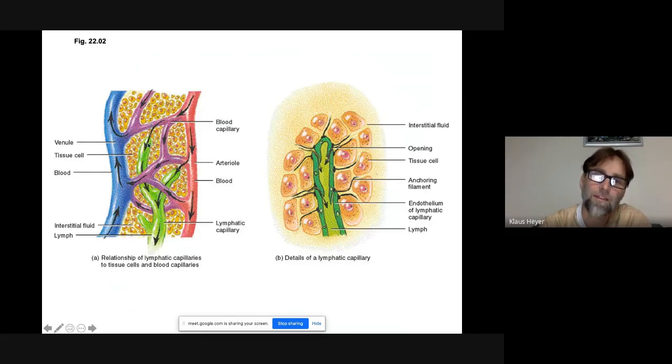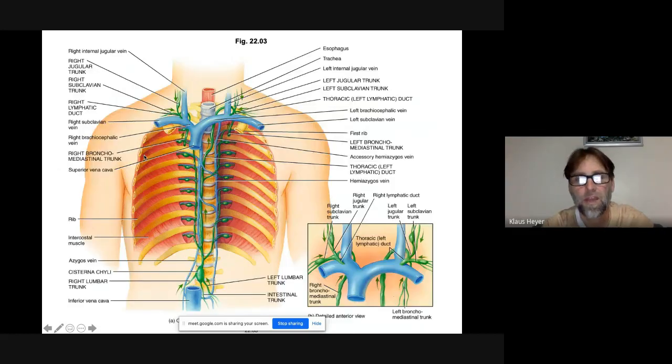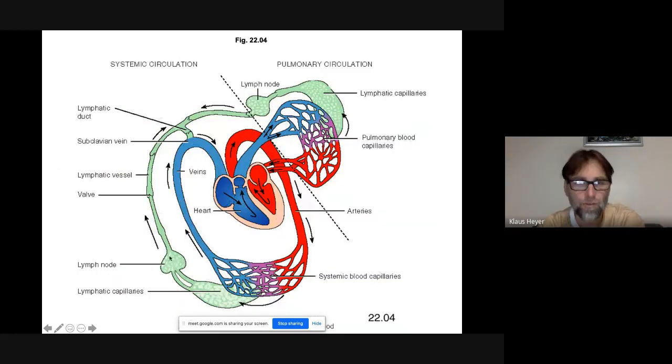So then the lymphatic system is going to pick it up. Lymphatic vessels, then lymphatic trunk, then lymphatic duct, and then it goes right back into the subclavian vein. So it's kind of a circle if we look at it that way.